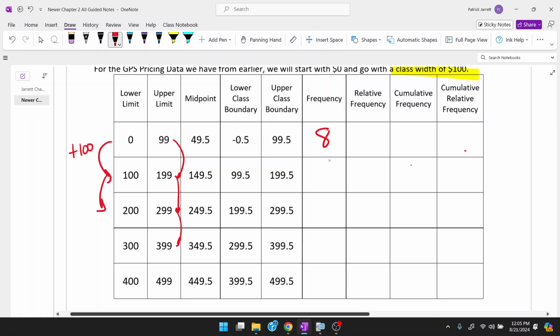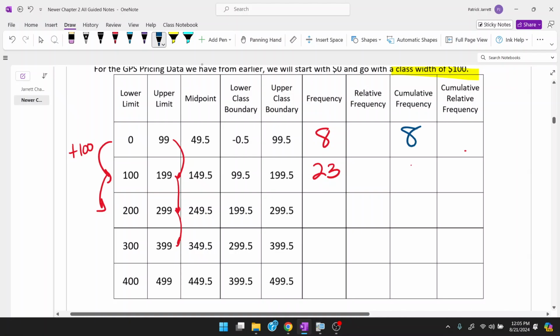Now, here's a good question for you. The first frequency was 8. Now, cumulative frequency. How many GPS systems were below $0? There were none. So the cumulative frequency is going to match the frequency for the first group.